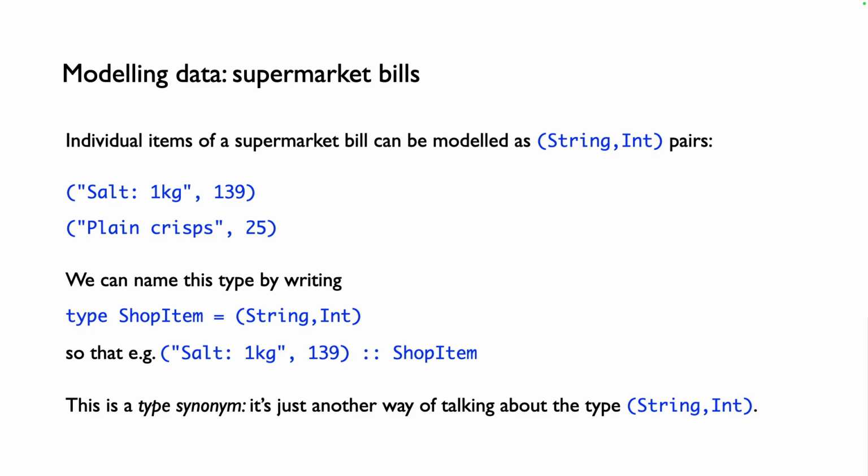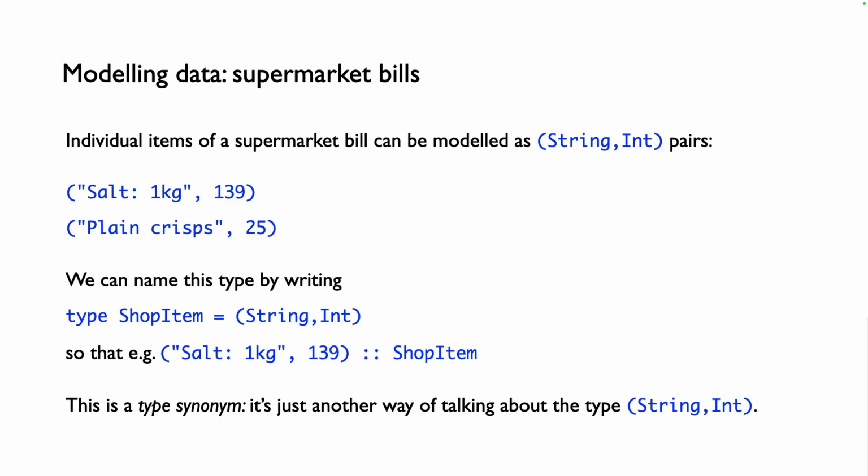Now, this is just a type synonym. It's just another way of talking about that type. It doesn't create a new type. Items in that type are just pairs of strings and integers, and shop item is just a more memorable way of writing that type of the pair string comma int.